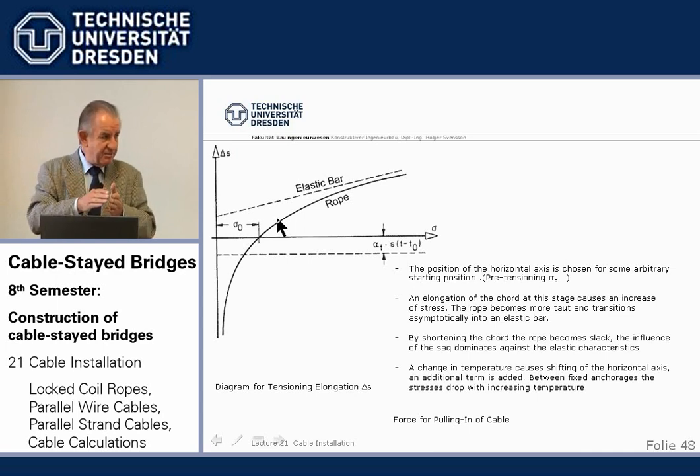Then the same 10 centimeters may mean 4, 5, 6 times the force, and that's what's basically shown here. This is, with a certain initial sag, compared to a structural steel member, and the more we stress the rope or the cable, the less slack there is, the more asymptotically it approaches the elastic bar. It just shows the influence of the sag.